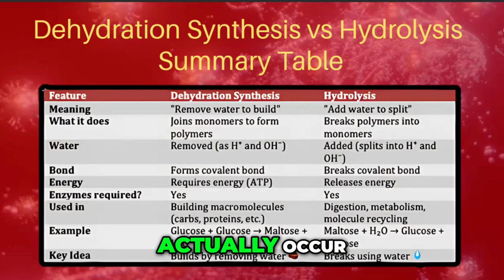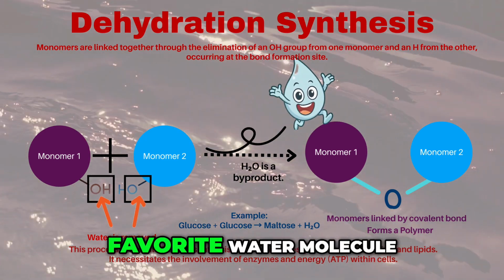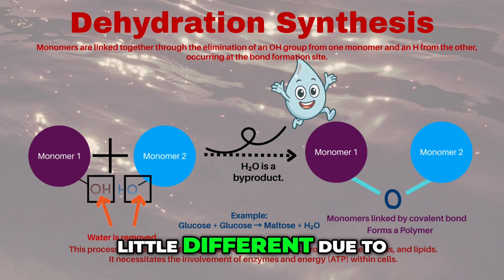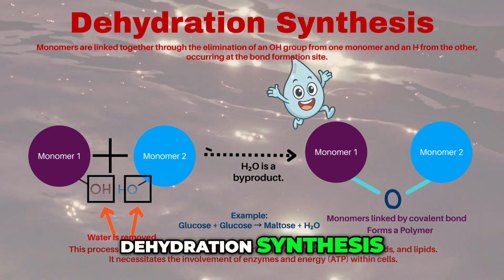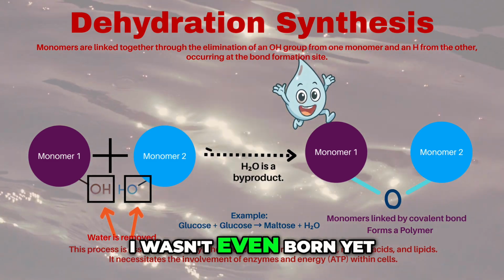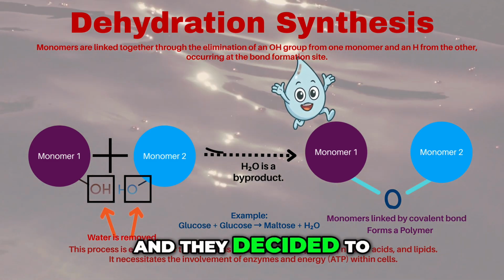This is a great summary table, and now we're going to focus on how the actions and mechanisms actually occur. Hey guys, you want to hear the tea from your favorite water molecule, H2O? I'm just built a little different due to dehydration synthesis, and here's the tea about how it went down. I wasn't even born yet, and these two monomers were chillin', and they decided to link up.